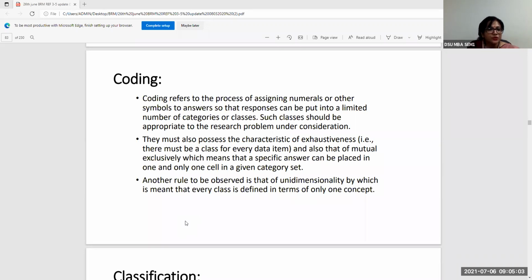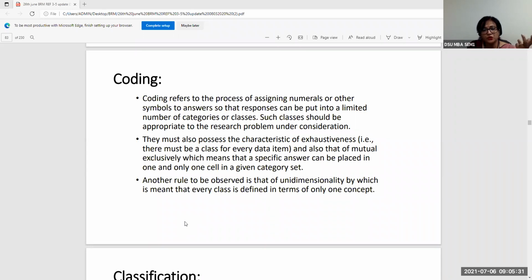Yesterday I showed you an example of how, in an Excel sheet itself, for the different questions in a questionnaire, you can assign different numbers to different categories. Like if it is gender, male can be assigned a number 1, female a number 2, and if you talk about a third, say transgender, then number 3. So there can be 3 broad categories for your gender.